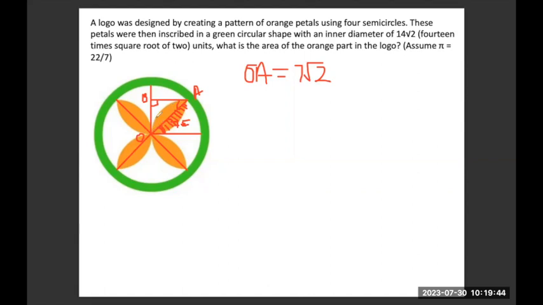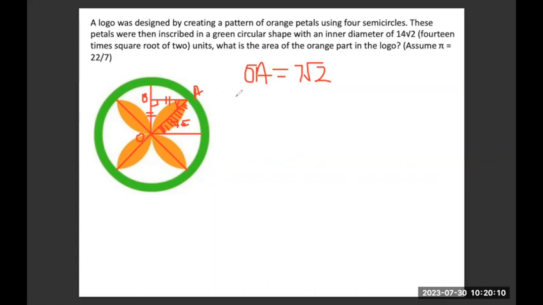And what I want to find is this value, which is AB. Or I want to find the other value, which will also be the same. These two values will be the same. So either way, I know the hypotenuse. I know the angle which is 45 degree, and I want to know the base, so that it makes it easier for me.